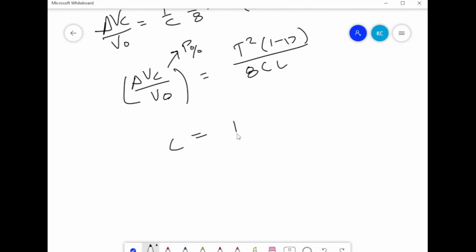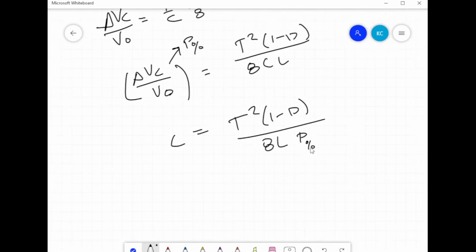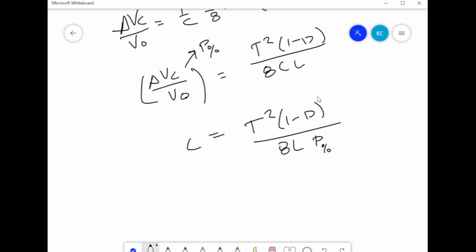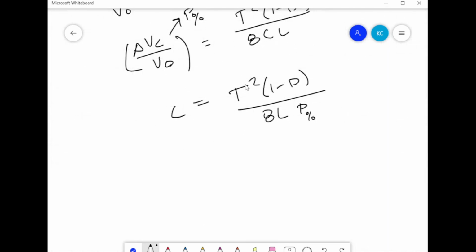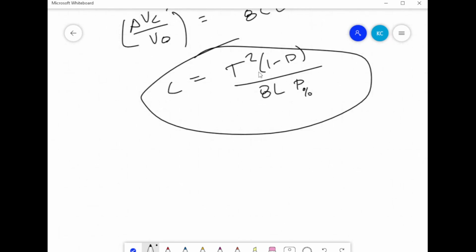So now we get C equals T squared times (1 minus D) over 8L times the percentage ripple. And now we can size our capacitance to fit the desired voltage ripple.